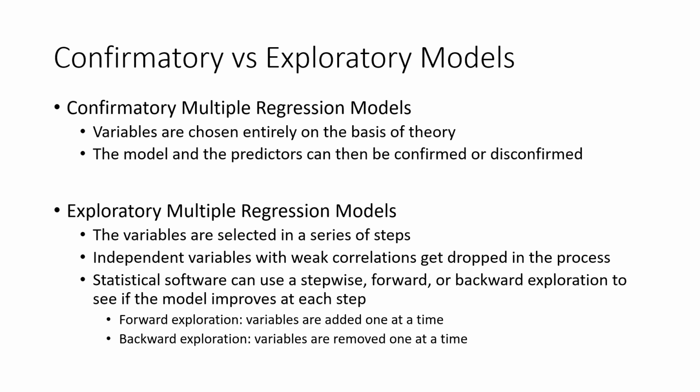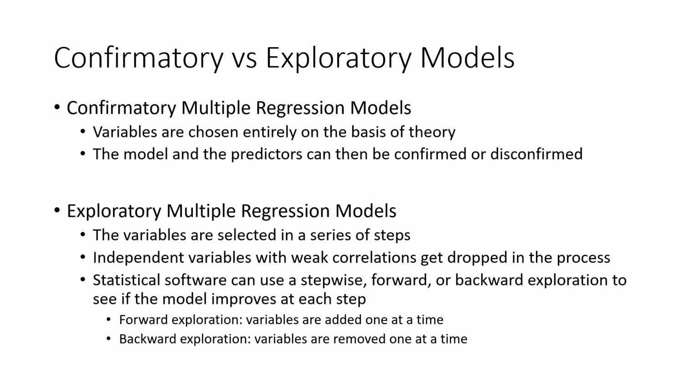Now, when building multiple regression models, there are two different ways that you can go about doing this. You can build what we call confirmatory regression models, but you can also build what we call exploratory regression models. And I'll explain to you the difference between these two models now. But let me preface this by saying that generally speaking, confirmatory models are the best way to go.